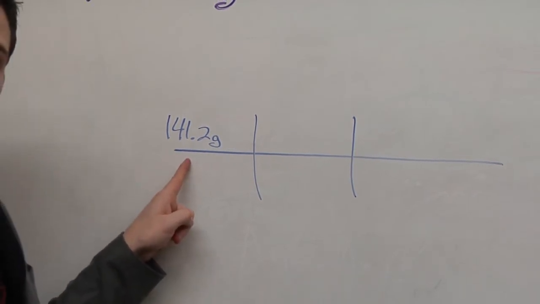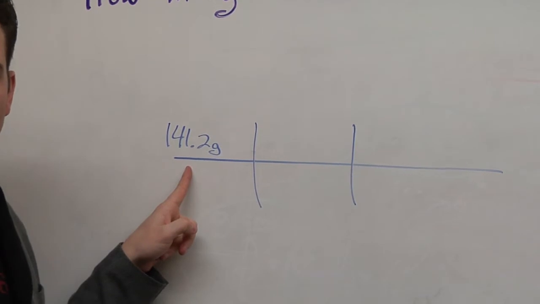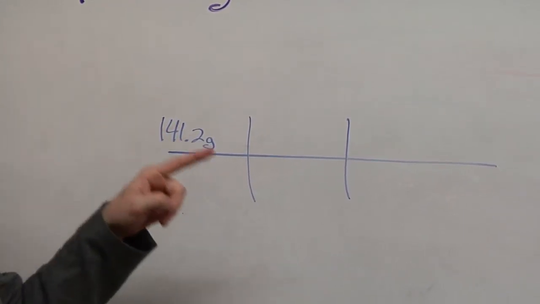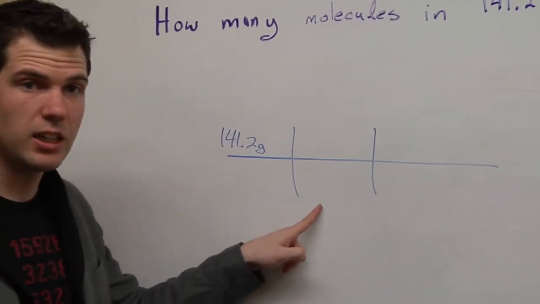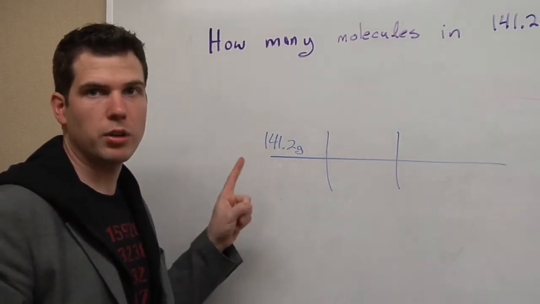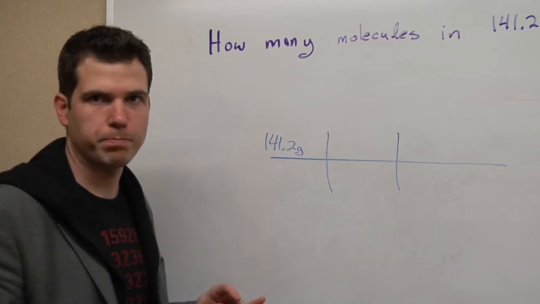Now, once you write this number that was given in the problem down, you will not use it ever again. So even though it says grams, and you think, hey, I'm trying to get rid of grams, maybe I should put 141 down here, that's not right. You just use the number given in the upper left to start things off, and that's it. Never copy it down a second time.